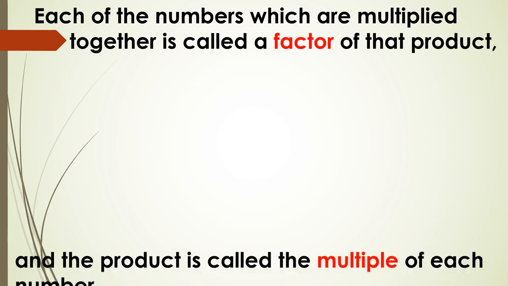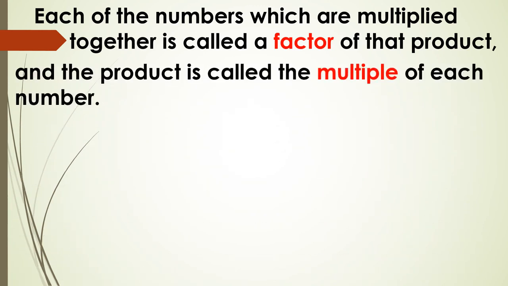And the product means the answer of the multiplication. And the product is called the multiple of each factor. Okay, is this clear? I am repeating, the numbers which we are multiplying together are called factors, and the result that we are getting after multiplying is called the multiple of each number.